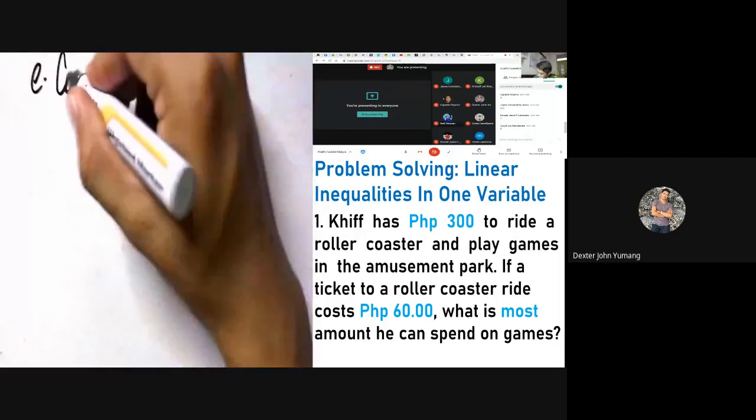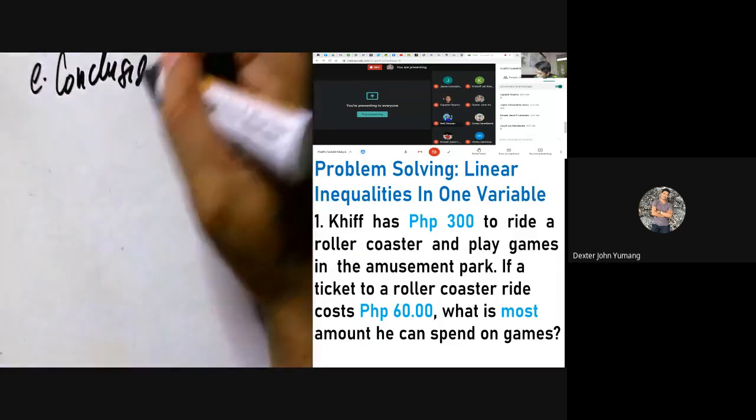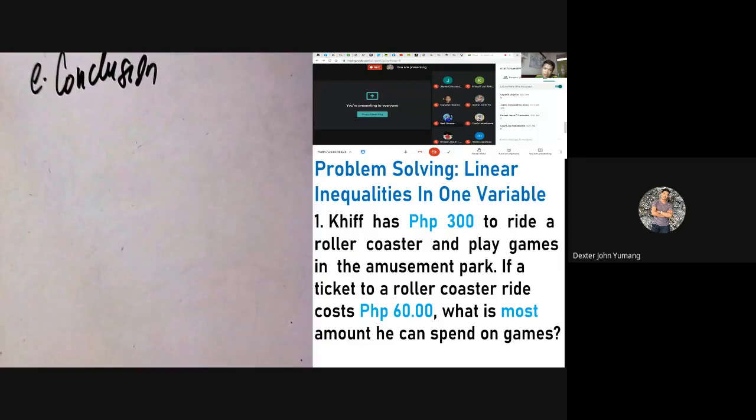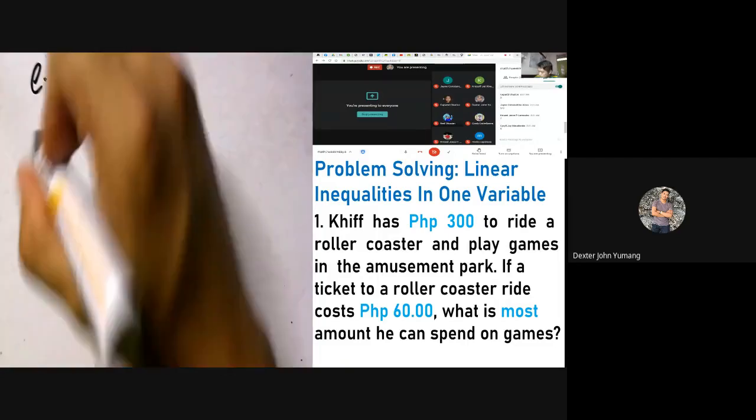Letter E, conclusion. Ano nga yung sagot natin? That is 240 pesos. Tama? So paano natin yan siya i-conclude? Okay, balikan niyo yung question. What is the most amount he can spend on games? Yan yung sagot natin.